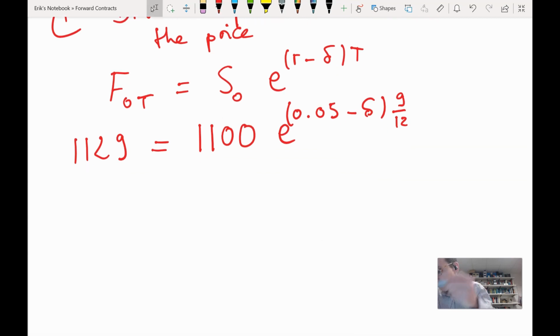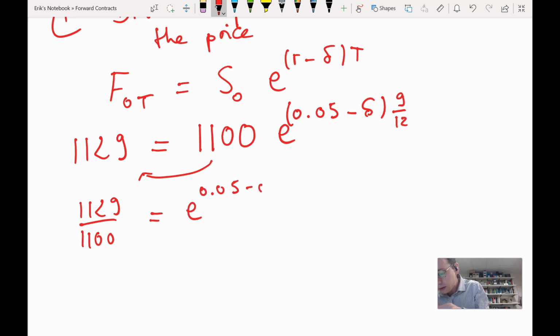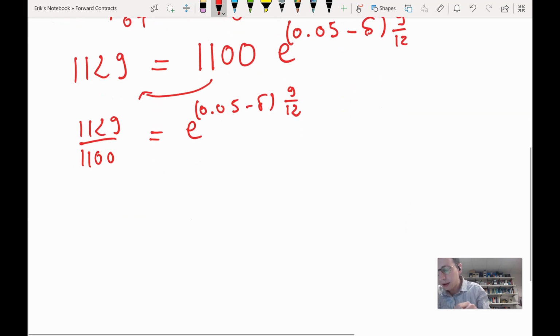Okay, so first I'm going to put this 1100 on the other side, so I divide everything by 1100. So 1129 divided by 1100 is equal to exponential of (0.05 minus delta) times 9/12. Second step is I'm going to take the log. Don't forget that it's the natural log.